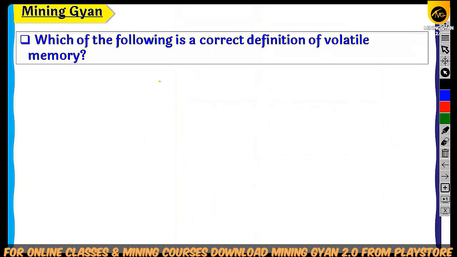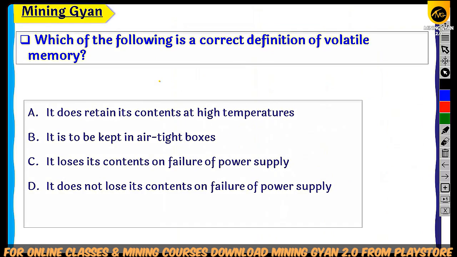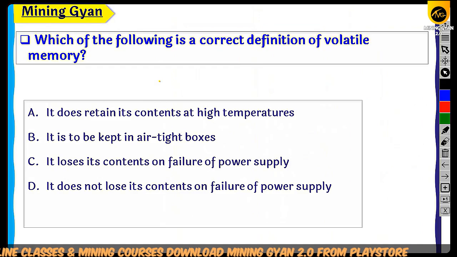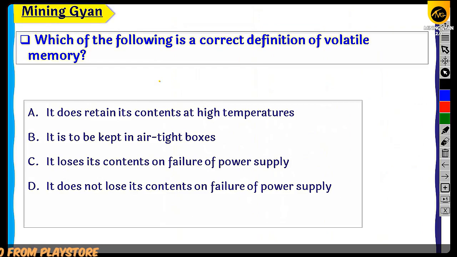Next question is, which of the following is a correct definition of volatile memory? The first option is, it retains its contents at high temperature. Second, it is to be kept in airtight boxes. Option C is that it loses its contents on failure of power supply, and option D is that it does not lose its contents on failure of power supply.